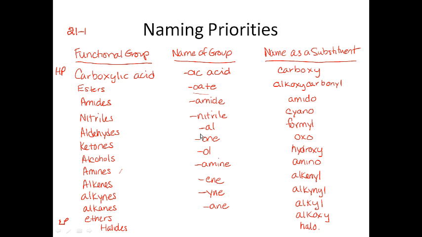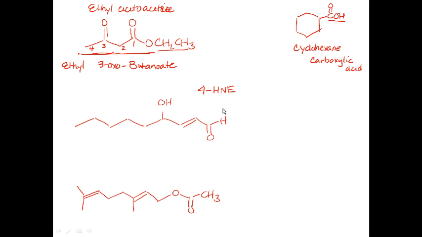That's going to be its name. Now, since this comes at the end, I'd automatically number with the aldehyde being carbon 1. So if I look at this, this is actually a 9-carbon aldehyde. So this would be called non, and then the al.